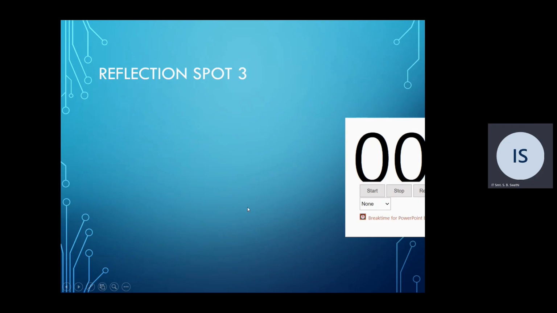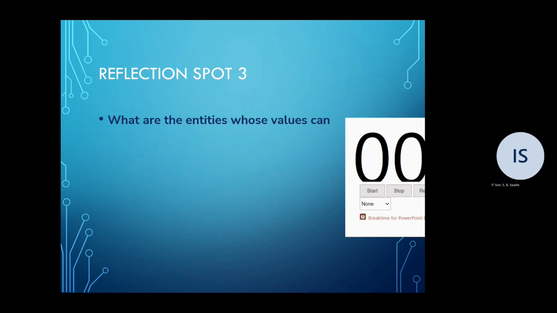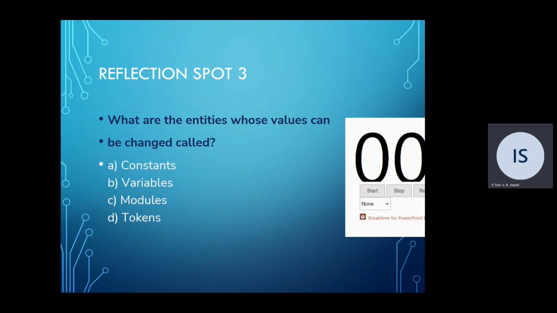One more question. What are the entities whose values can't be changed? In the sense, if you have given some value to a particular variable, throughout the program the value will remain as it is. You can't change the value in between the program. So those are called which one?